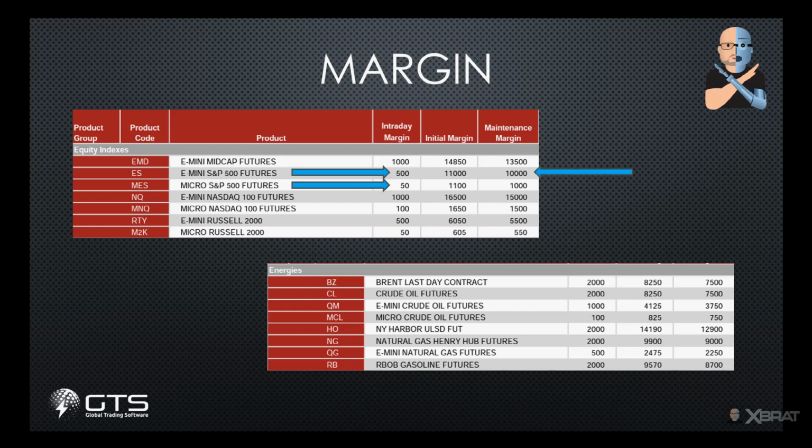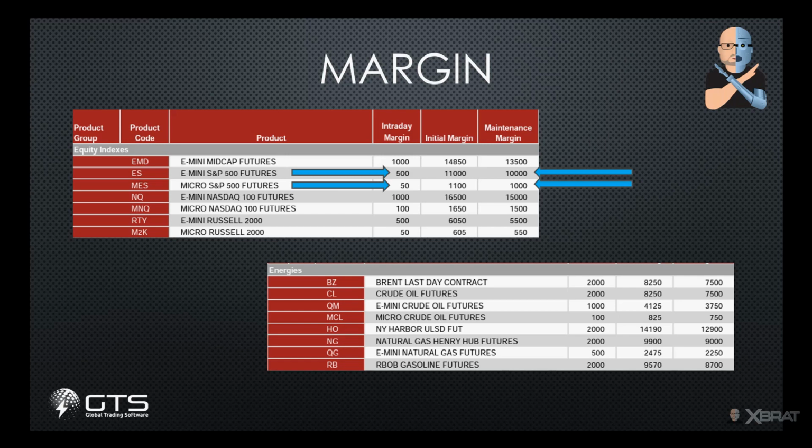So divide that by 10, it's $1.25. So there's less profit to be made on micros, but it's more affordable for traders with less capital to put against for margin. Again, if you want to carry that one contract of the micro MES over, it's $1,100, and then the maintenance margin would be $1,000.